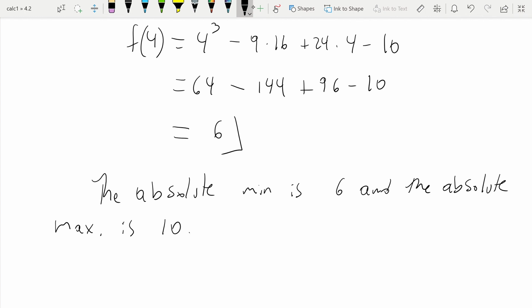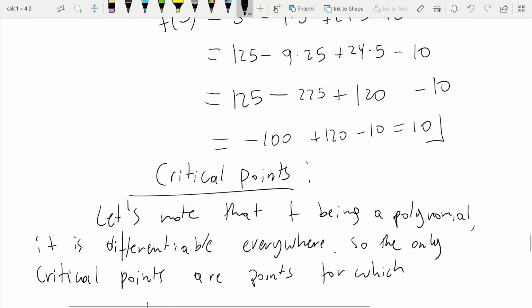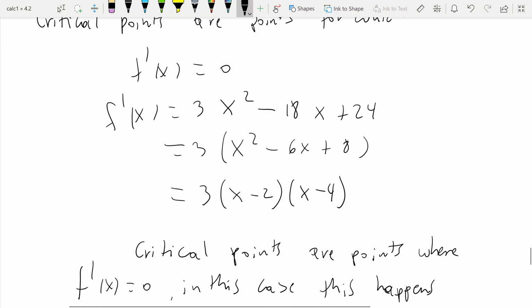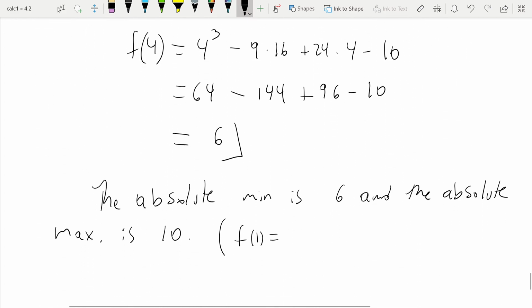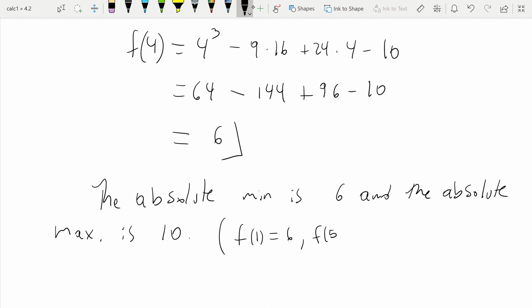Let's go back to what happens at the endpoints. f of 1 was equal to 6. f at 5 was equal to 10. f at 2 was equal to 10. And f at 4 was equal to 6 again.